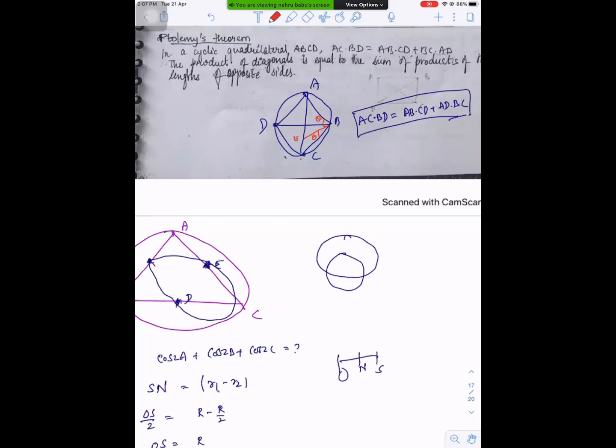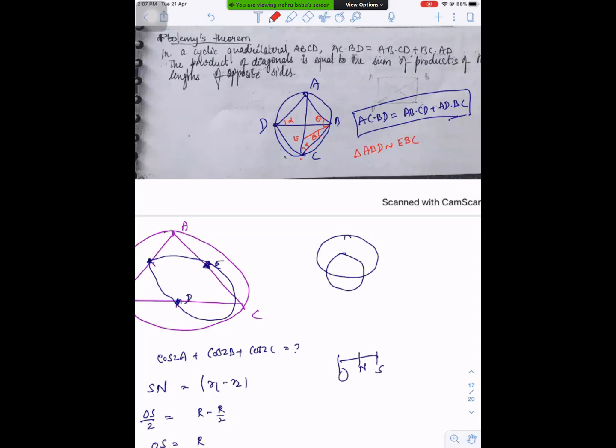If you choose like this, what happens? If you observe, triangle ABD is similar to triangle ABC... because theta here, and here also theta. If you assume this angle is alpha, here also the angle is alpha. So two angles are the same, and the triangles are similar.